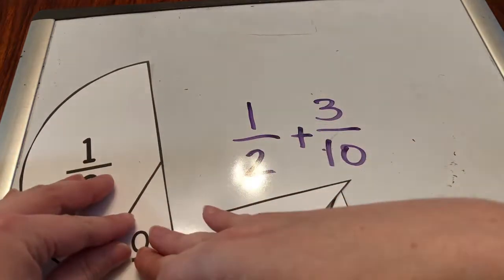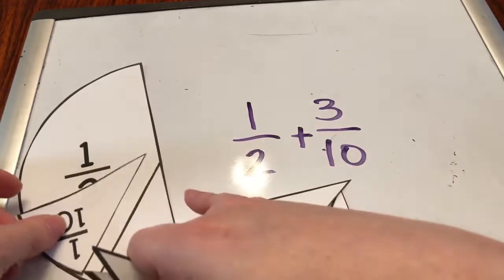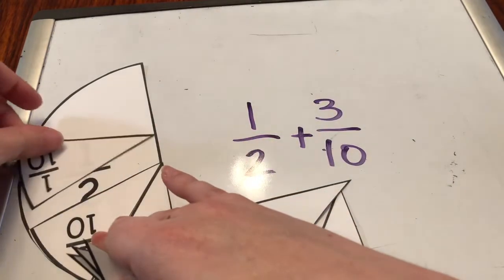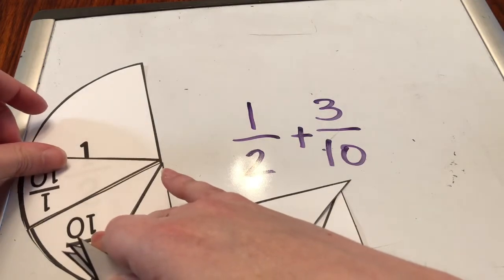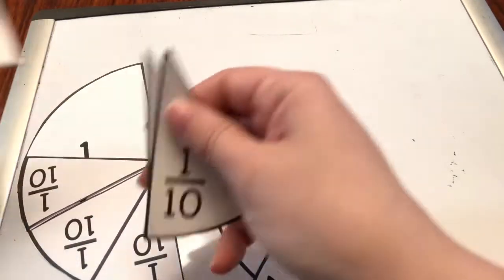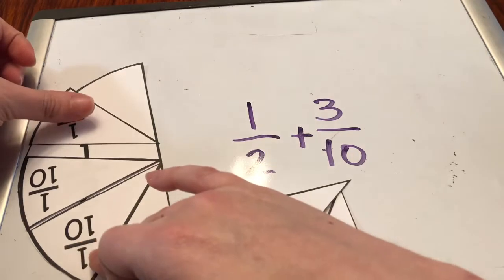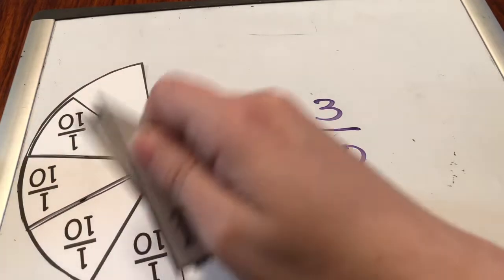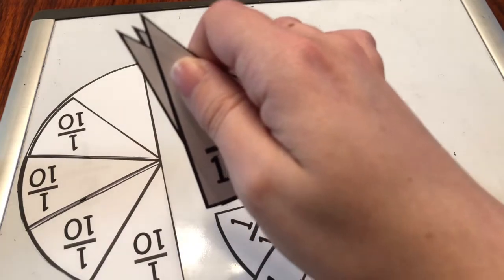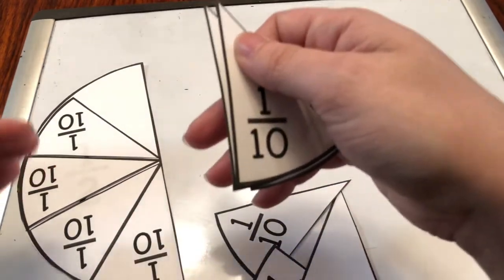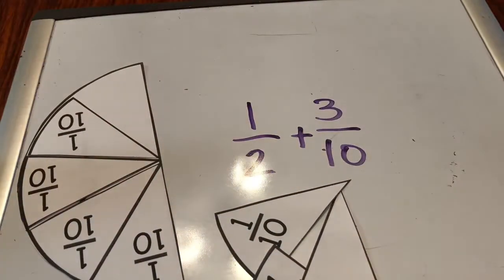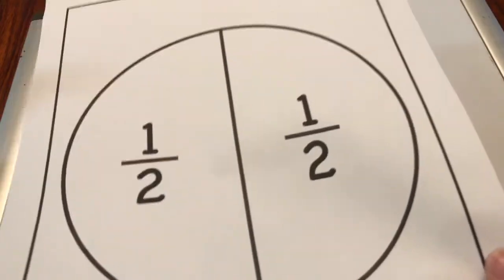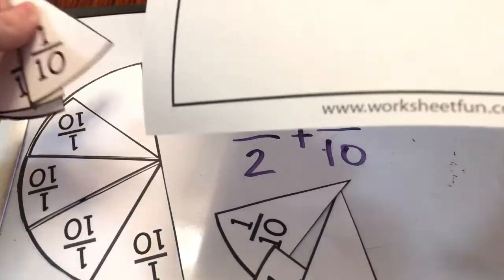Oh my goodness. Okay. And you wanna hold the other ones still while you're putting the new ones on, if you can. You can also do this if you have the whole circle. So if you have the page that's just this, you can also do it that way so you don't have to worry about this part moving around.